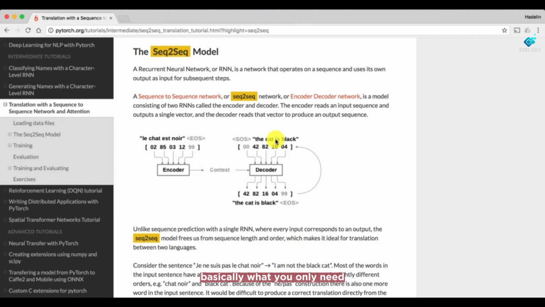Basically, what you only need is input sentences and output sentences. And then the chatbot will understand how this works, how you know you need to start with the subject, yourself or anyone, then you add a verb, then you add something which makes sense based on how the conversations work. So basically it's kind of exactly the same as how a baby learns how to speak.